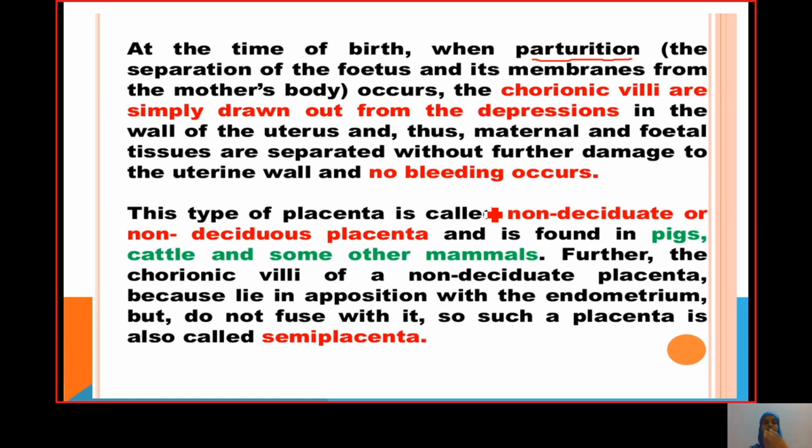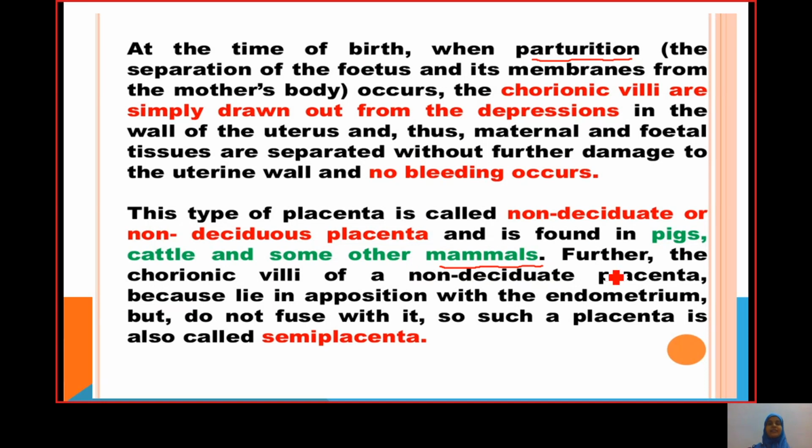Such a placenta we call a non-deciduate or non-deciduous placenta, meaning no damage to the uterine lining walls occurs, and it is found in pigs, cattle and some other mammals. In pigs and cattle, you never find any bleeding during parturition.